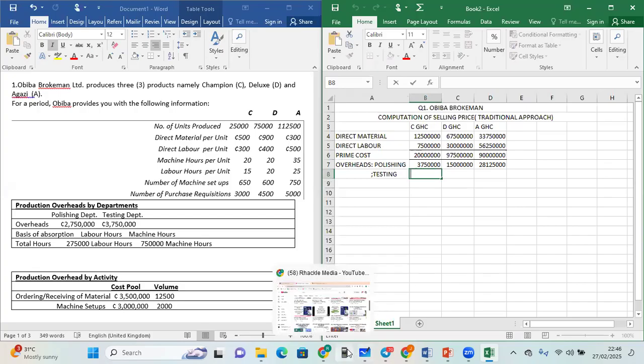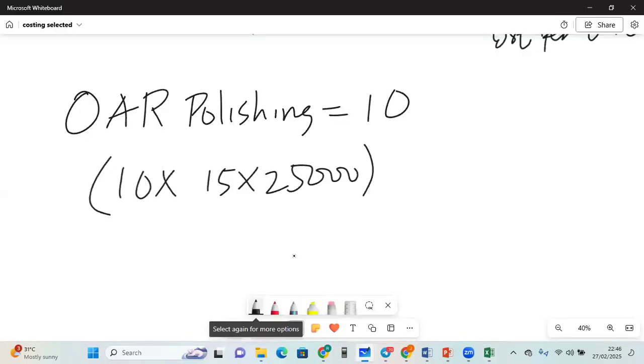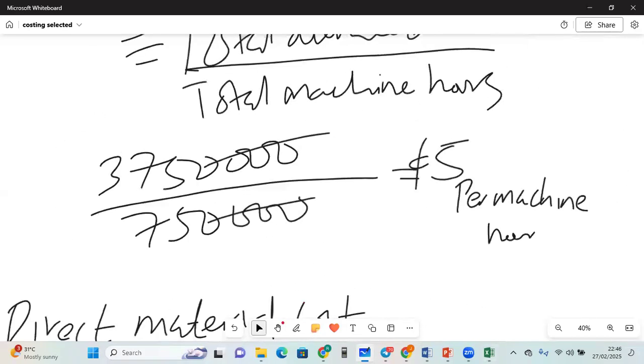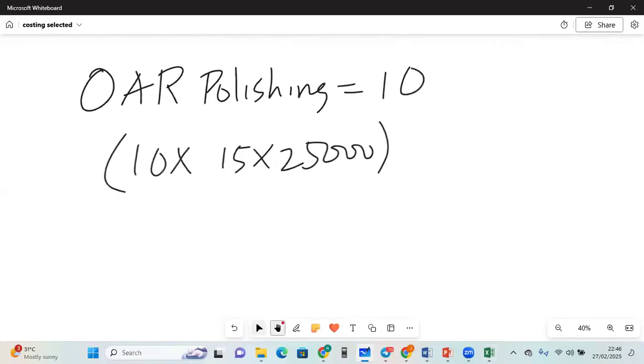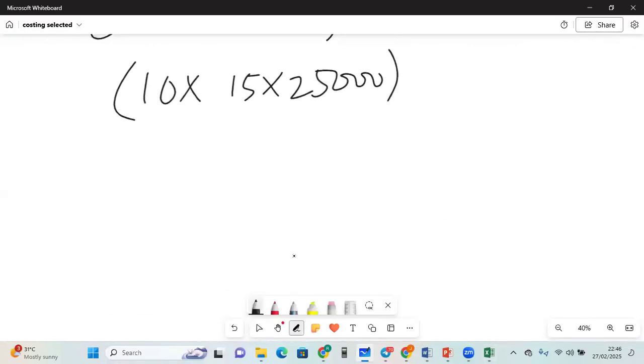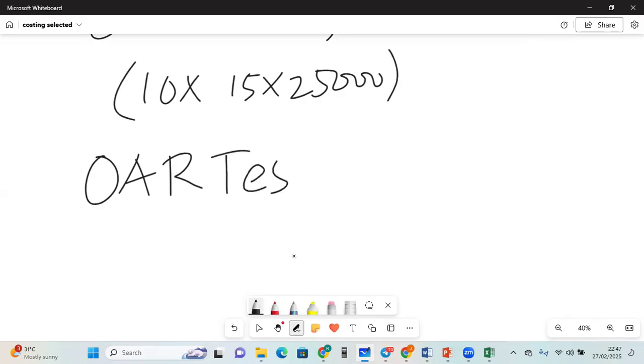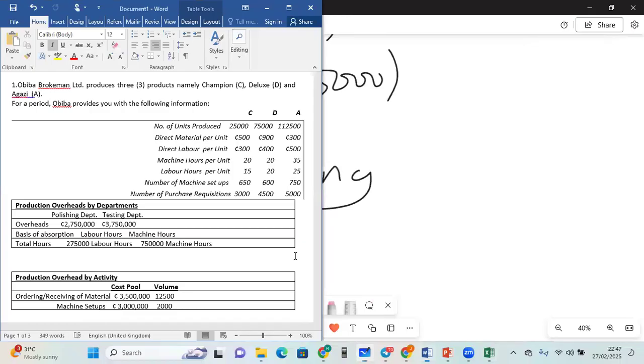So testing, we computed the OAR for testing to be 5, right? The OAR for testing is going to be 5 times, for example, this first one here, machine hours.